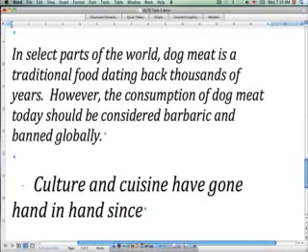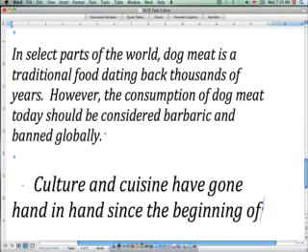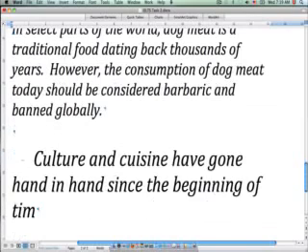Might be a little bit dramatic here and say since the beginning of time. And I'm also going to tie in the idea that maybe certain cultures feel one thing is an acceptable practice or an acceptable food source, and another culture would find that perhaps a little bit, perhaps that food source quite sensitive. So let's see.